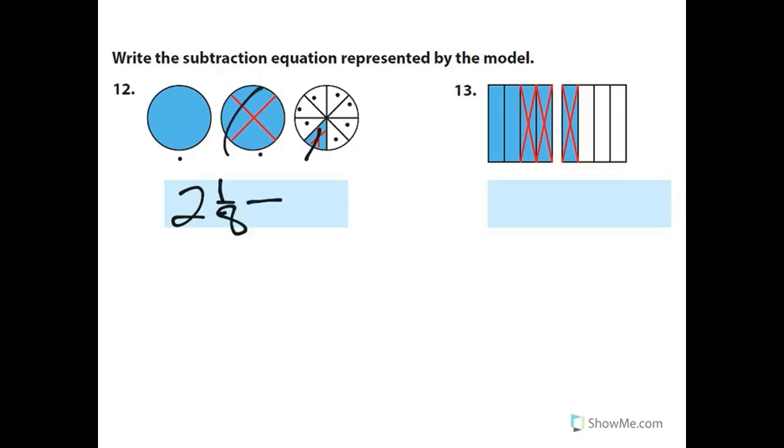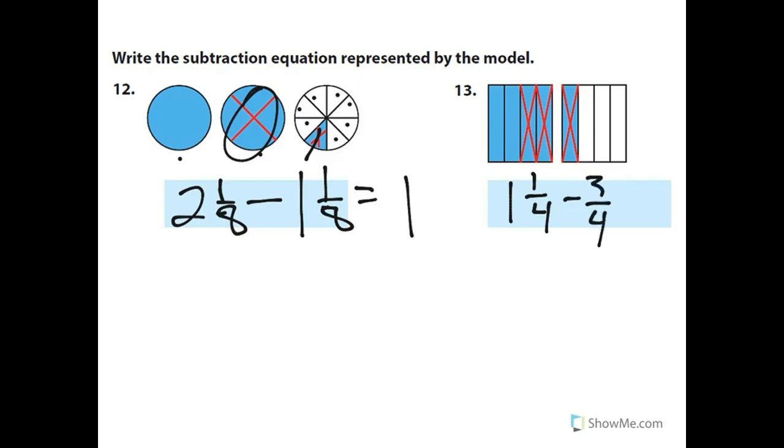We're subtracting 1 and 1/8, and that's going to equal 1. Alright, you try number 13 and we'll go over it. Alright, so we've got 1 and 1/4, and we're going to subtract 3/4, and we're going to have 2/4 left over.